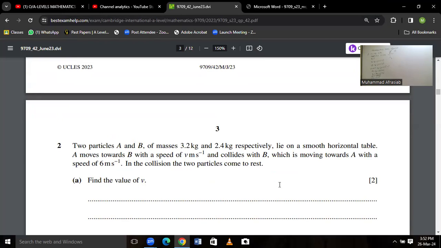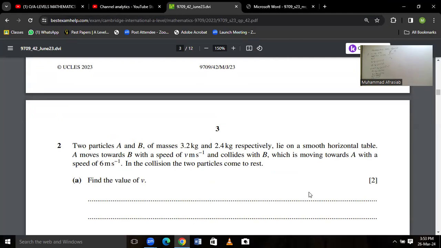A moves towards B with the speed of v meters per second and collides with B, which is moving towards A with a speed of 6 meters per second. In the collision, the two particles come to rest. Find the value of v.